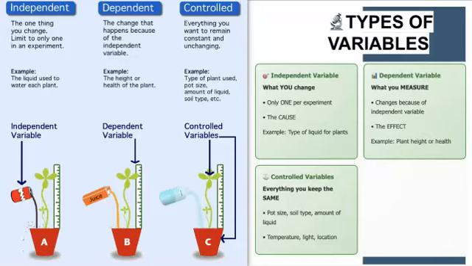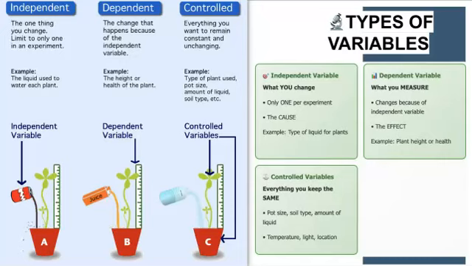So you want to limit the thing you're changing to one thing per experiment. And so the dependent variable is going to be the response, right? So what's going to be measured throughout the experiment. And so here it's the plant height. And so here we're wondering, does the plant height change based on the type of liquid?